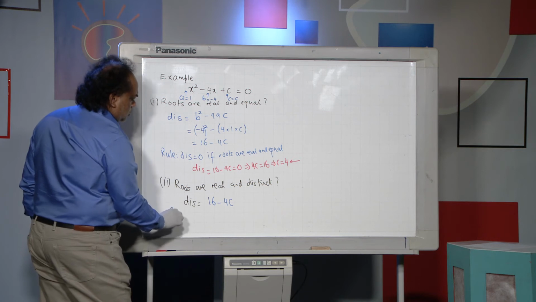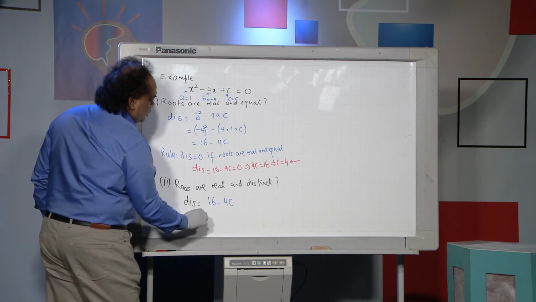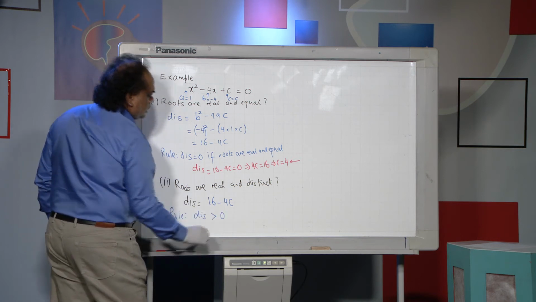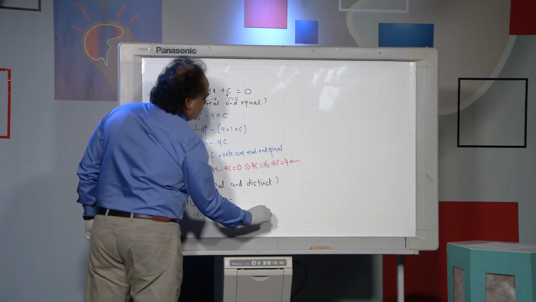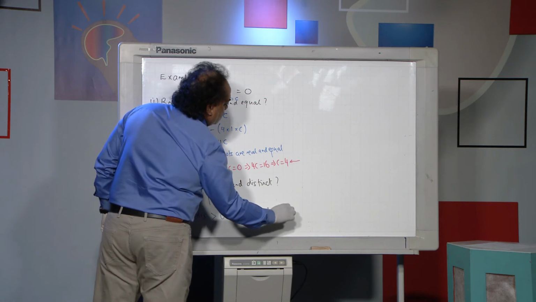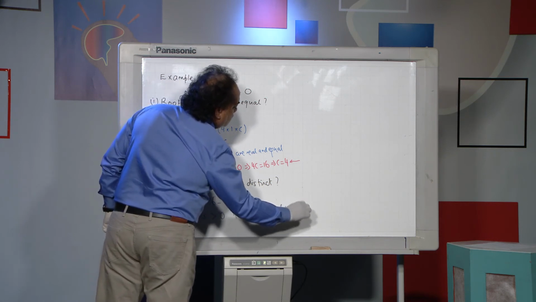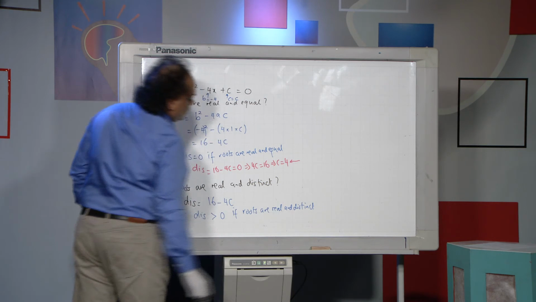What is the rule? Discriminant is greater than 0 if roots are real and distinct.